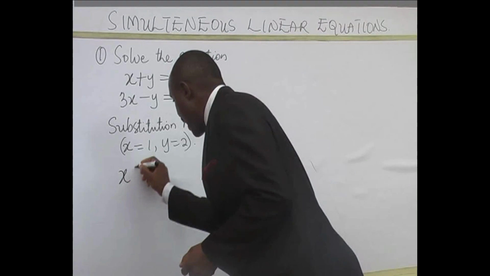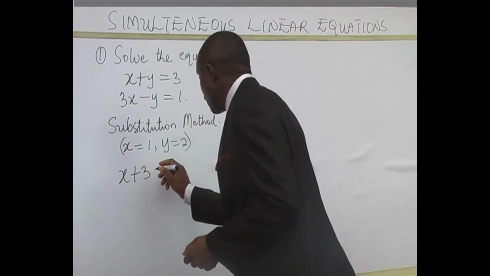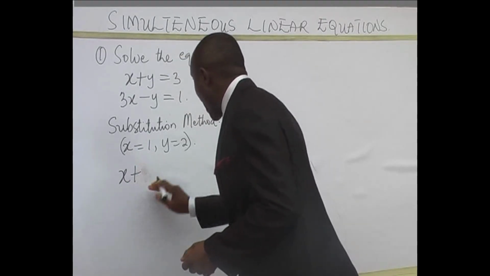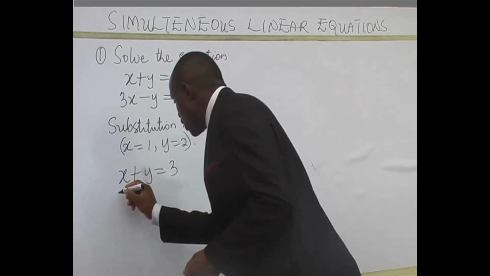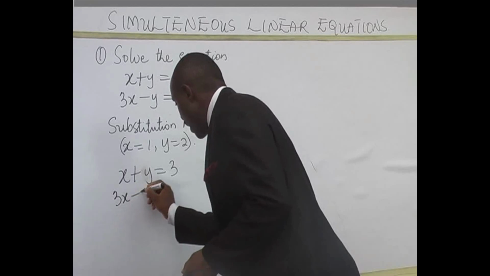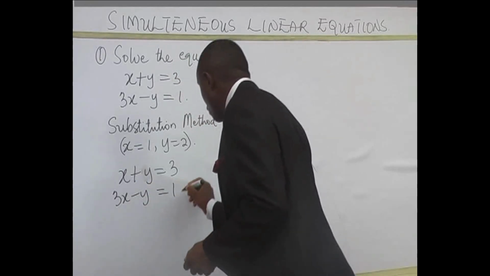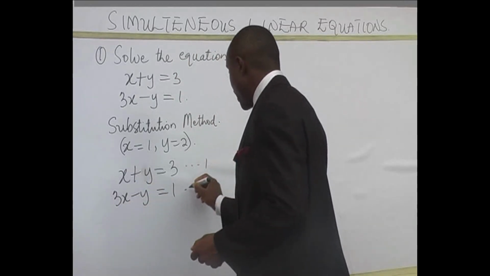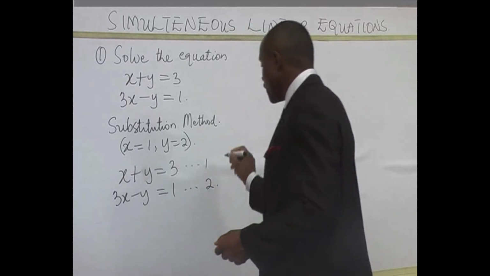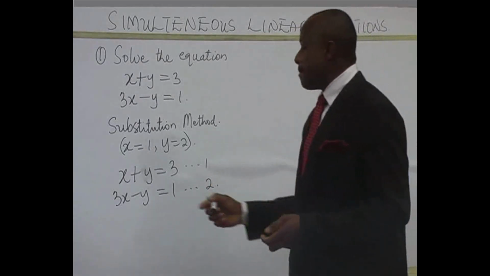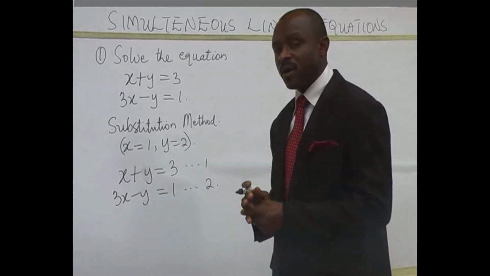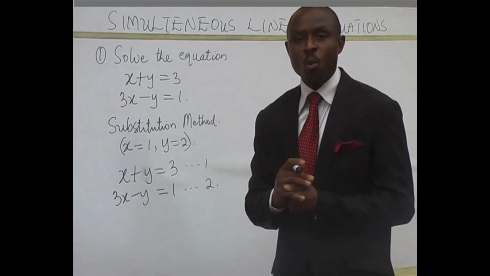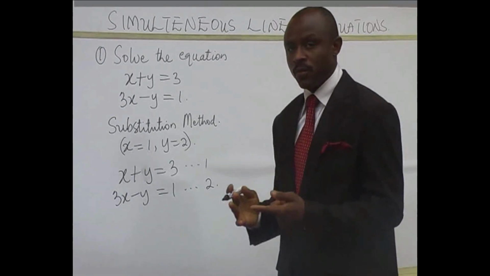The equations are x plus y is equal to 3. The second equation is 3x minus y is equal to 1. This is equation 1, and this is equation 2.